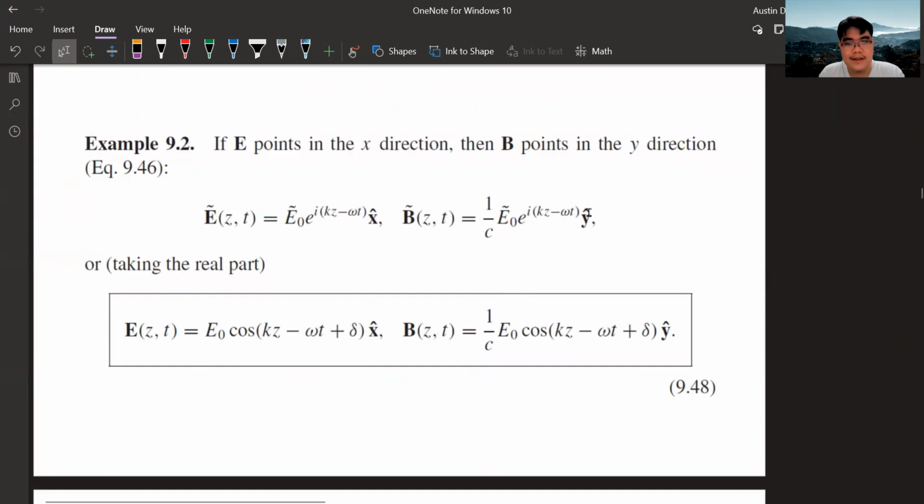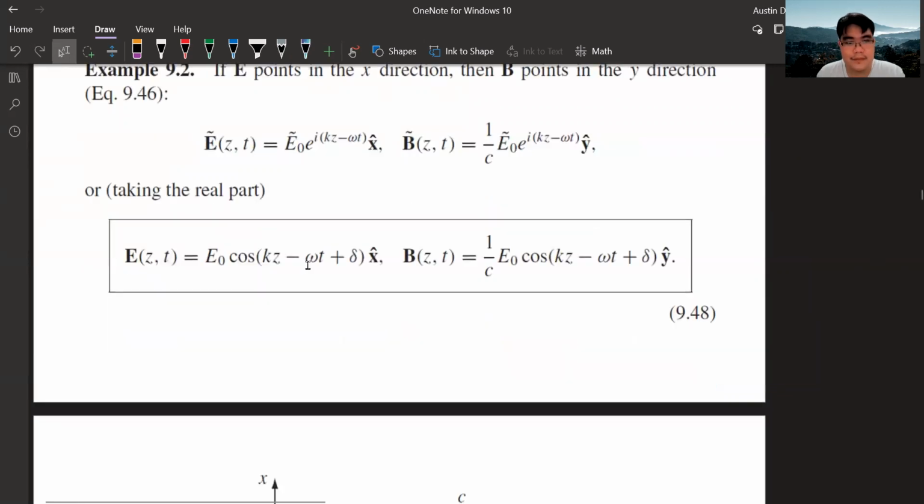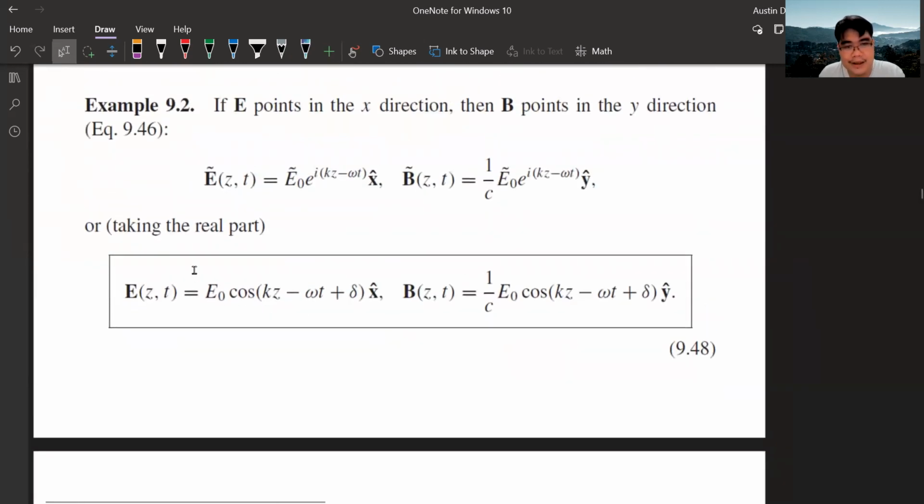Okay? So yan, we have these two equations. And then, if you take the real part, ang mangyayari lang is babalik ka dun sa unang representation natin ng wave natin. Kasi di ba, e raised to i theta is cosine theta plus i sine theta, kung naalala niyo yung Euler's formula.